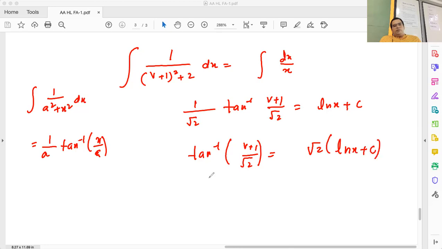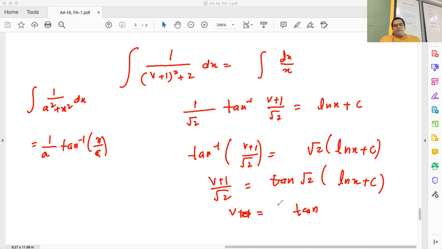Then (v plus 1) over root 2 is tan of root 2 (ln x plus c), and cross multiplying with root 2, v is root 2 tan(root 2 (ln x plus c)) minus 1.